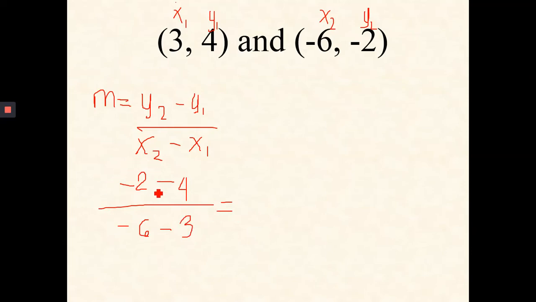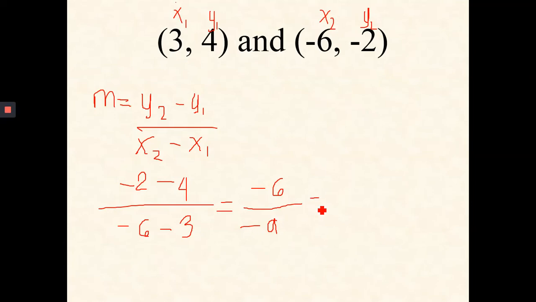So, we have here negative 2 minus 4. Technique here is that negative 2 and then negative 4, that will now become negative 6. Okay? And we have here negative 6 minus 3, or you're just going to think negative 6 and then negative 3. So you're just going to combine it. You're just going to add it. And that is equal to negative 9.